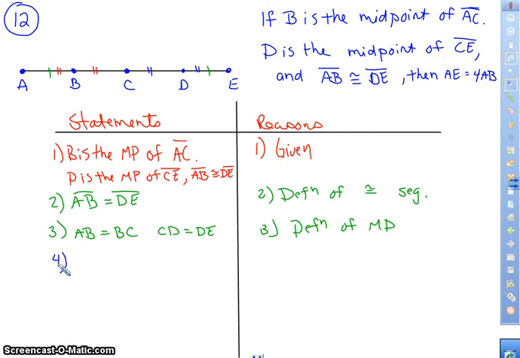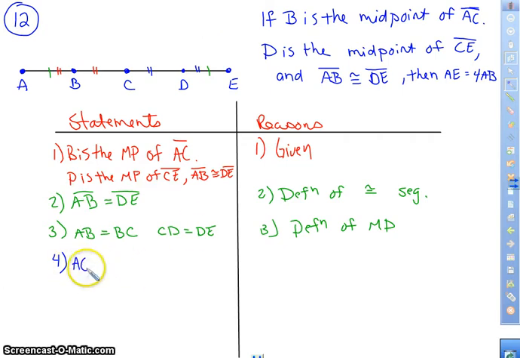Okay, so I know they're equal. Well, think about what you're trying to say. I need to eventually have that AB, which is right here, is 4 times AE. So I need to show how all of these segments are working together. So my next step would be to use segment addition.